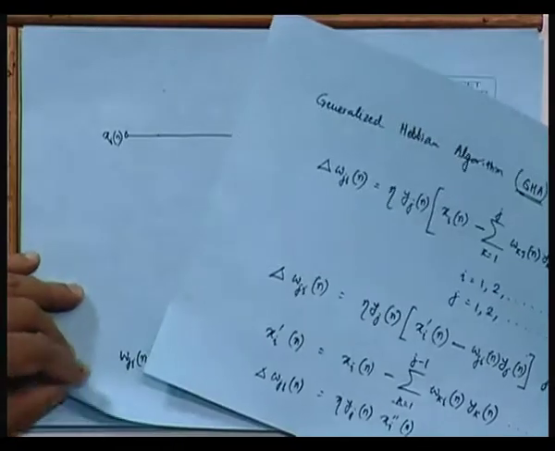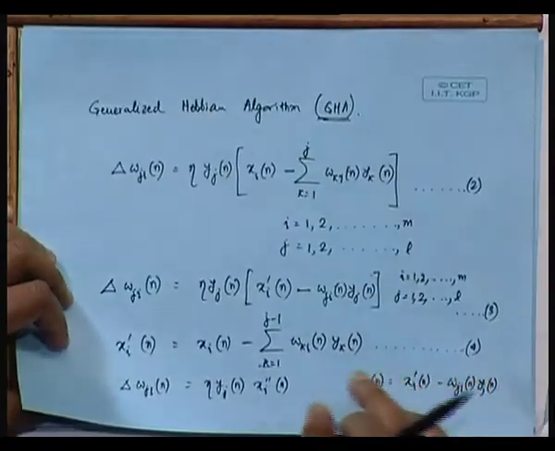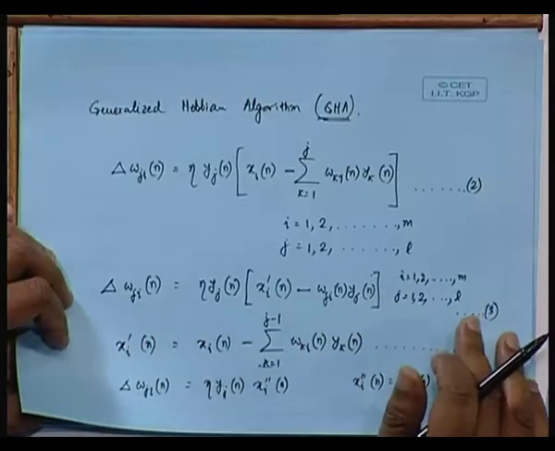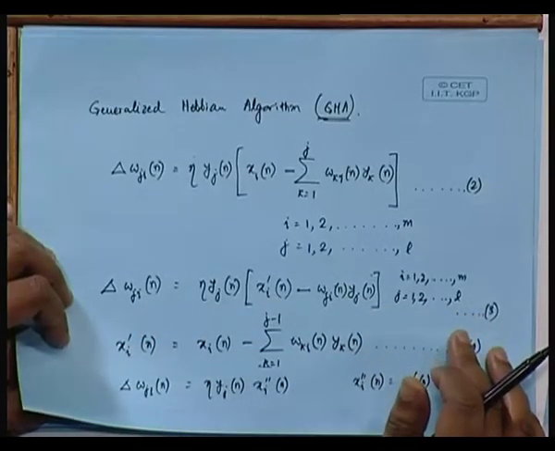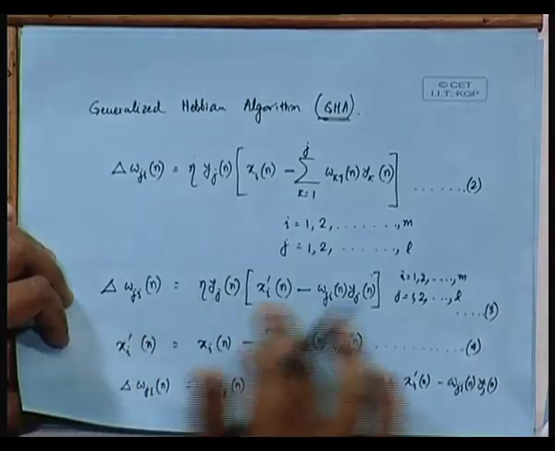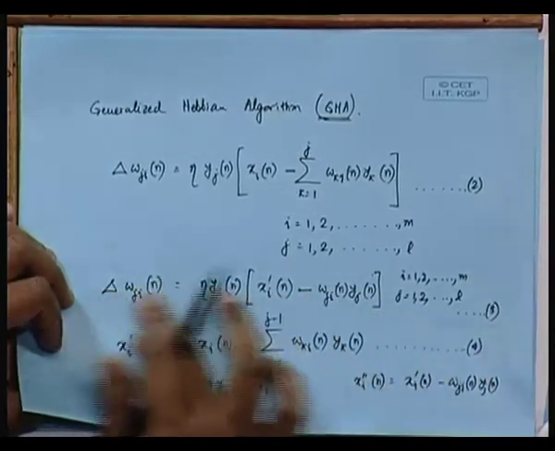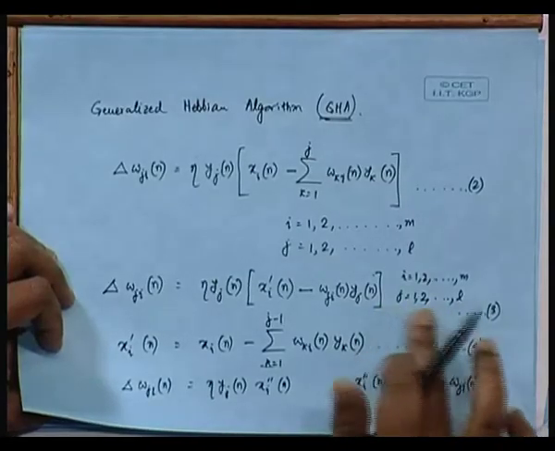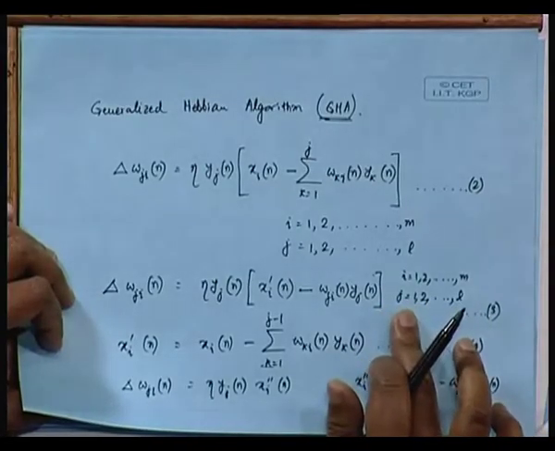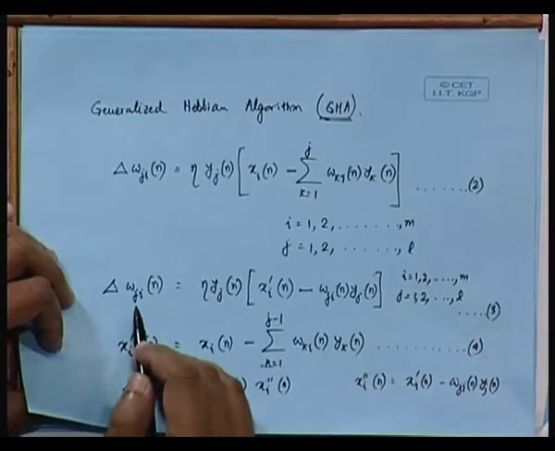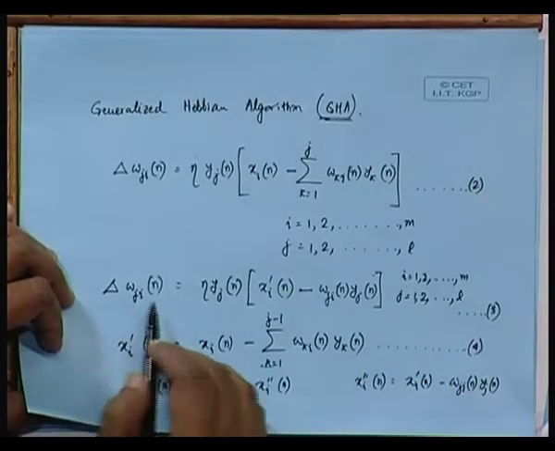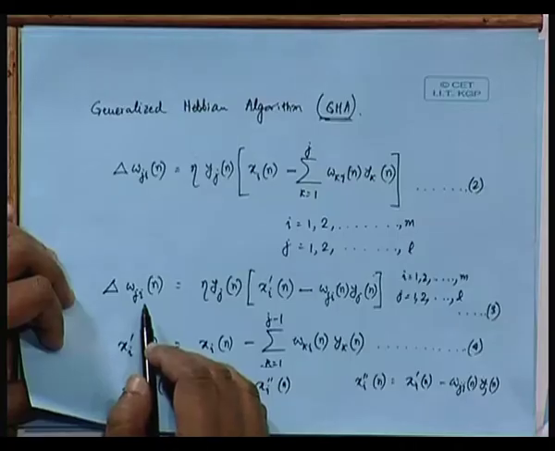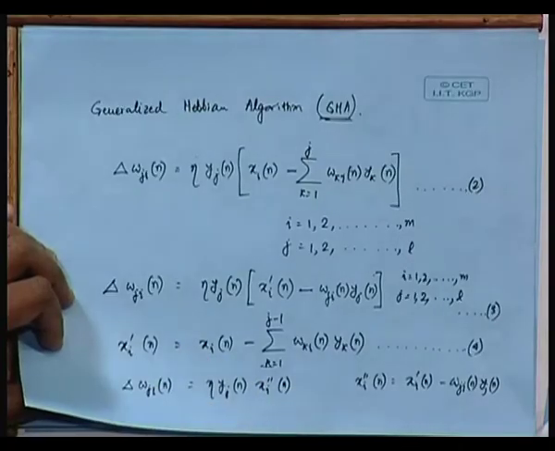Writing those m different equations is equivalent to expressing them in matrix form. So we will now represent equation number 3 in the form of a matrix, taking the expansion of j into consideration. That means we define delta w j 1, delta w j 2, up to delta w j m, and together we call that delta w j vector.